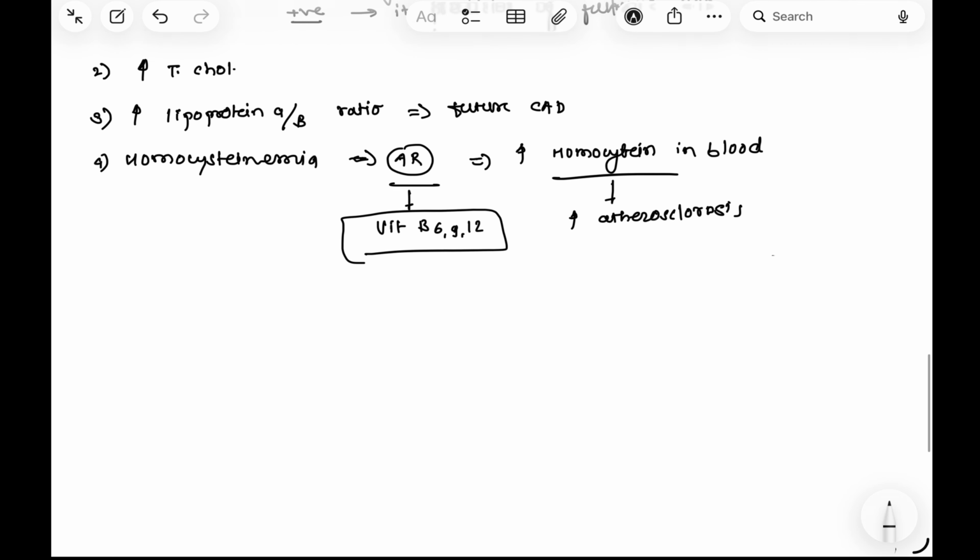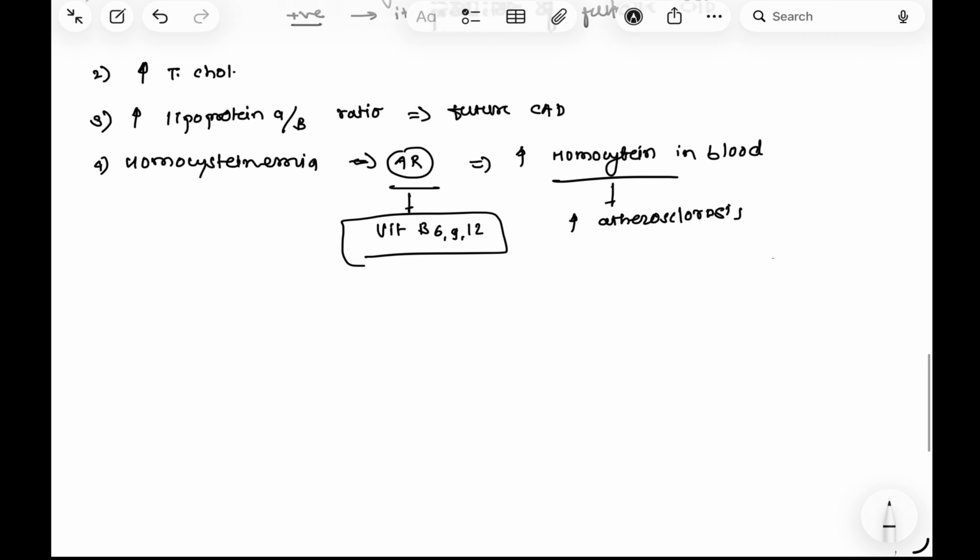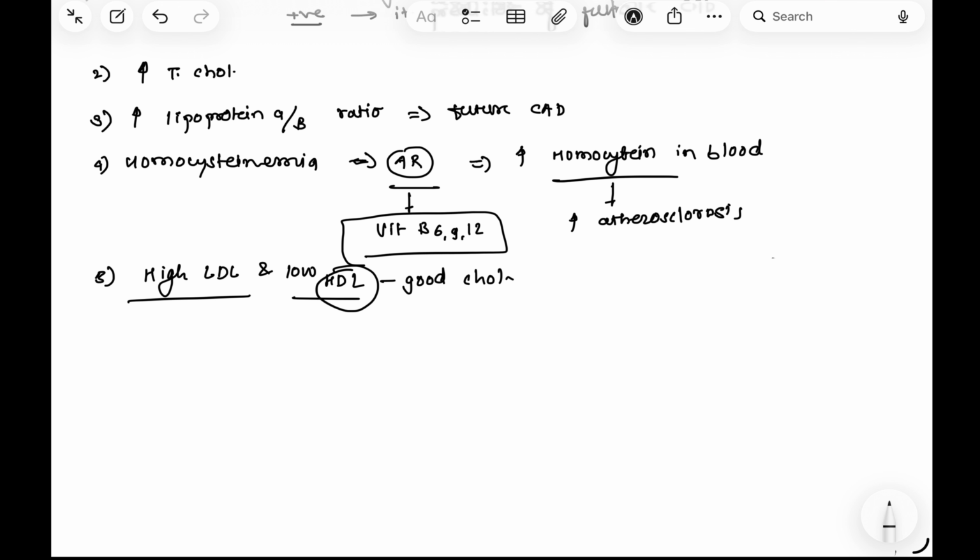Now there is one ratio that we usually get in our blood reports, and it is possible that you have come across this report frequently, and that is high LDL and low HDL. As we know, HDL is a good cholesterol, right? And the LDL is bad cholesterol.